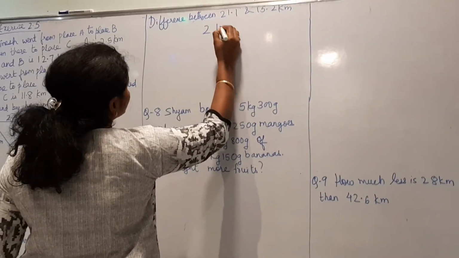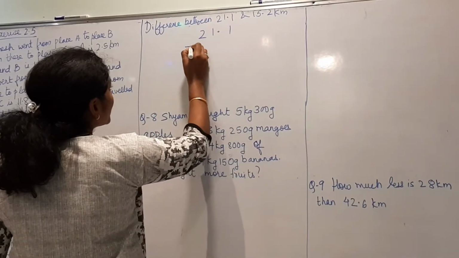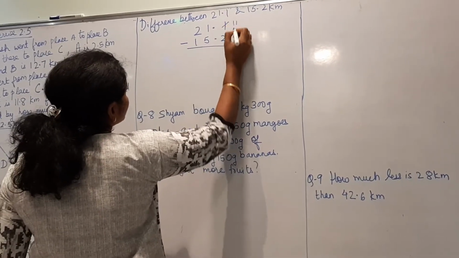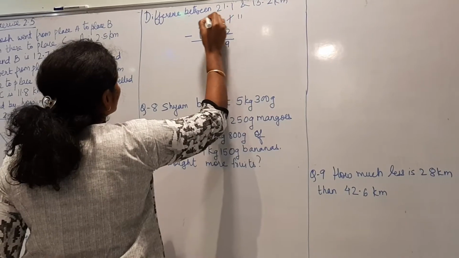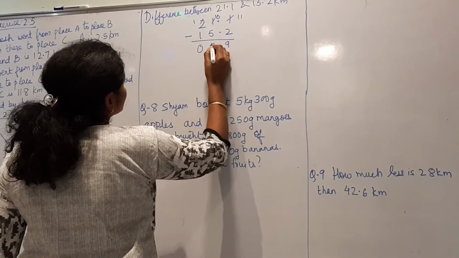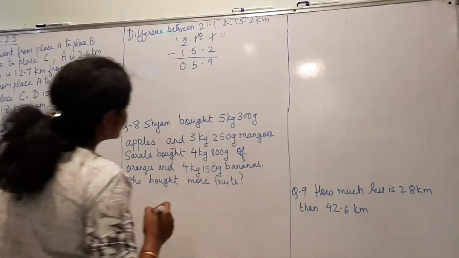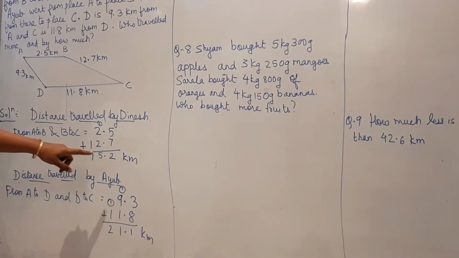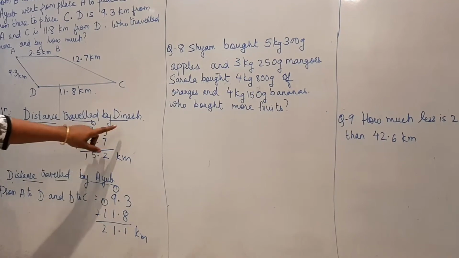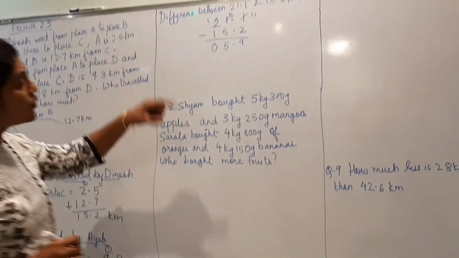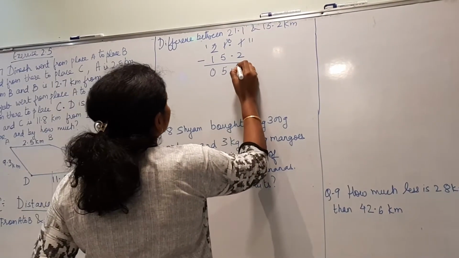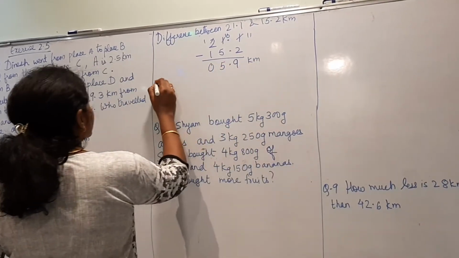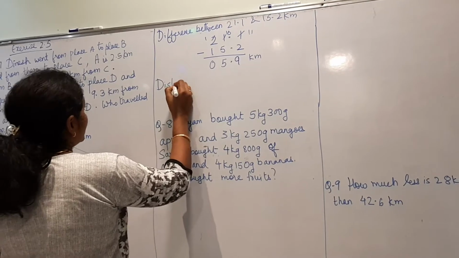So 21.1 minus 15.2, it is 5.9. So the distance travelled by Ayub is more than Dinesh by how many kilometer? 5.9 kilometer.